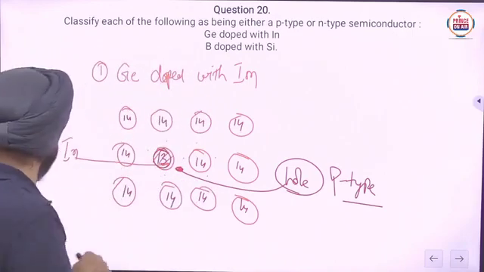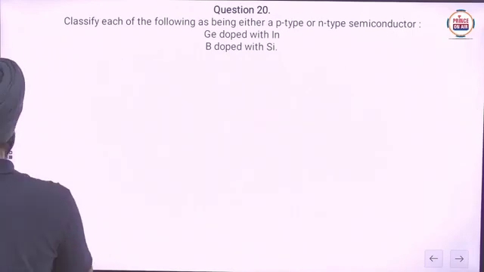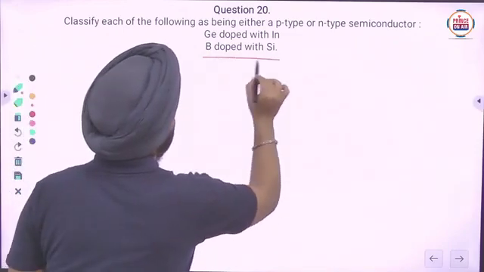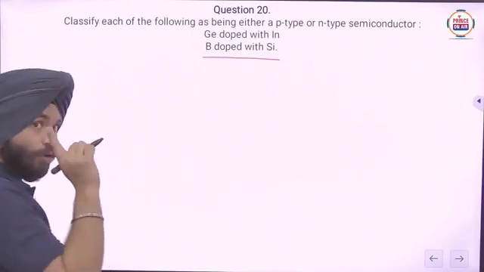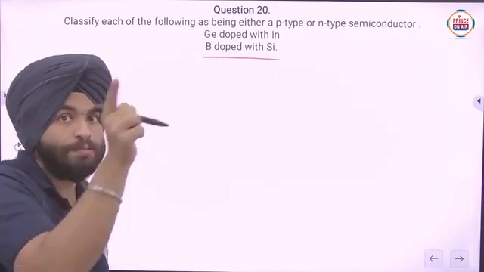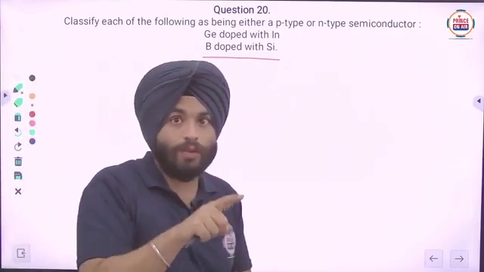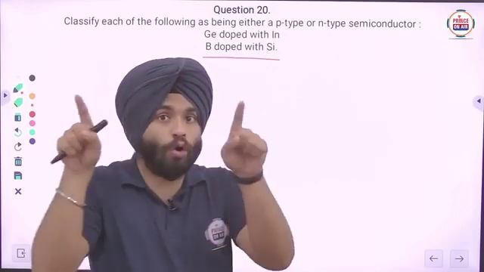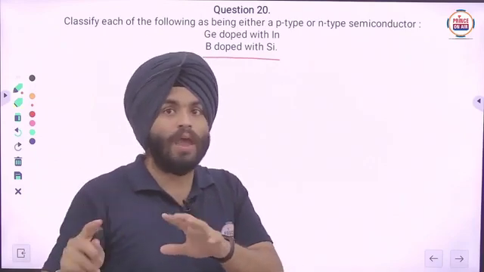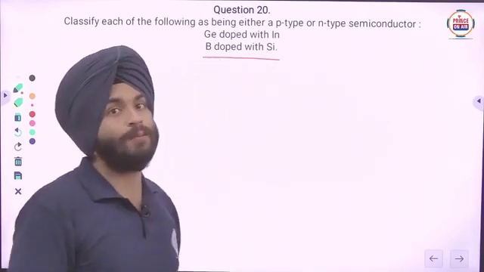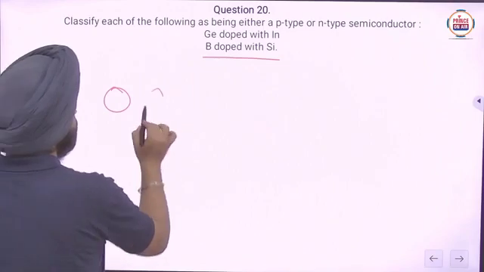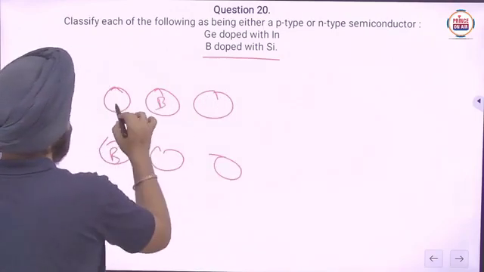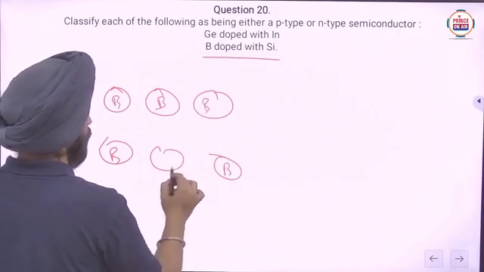Okay. Now let us move to the next part, boron doped with silicon. Listen carefully, boron doped with silicon, it is not silicon doped with boron. When boron is doped with silicon, boron is in excess and silicon is an impurity here. So here we have boron and one silicon.